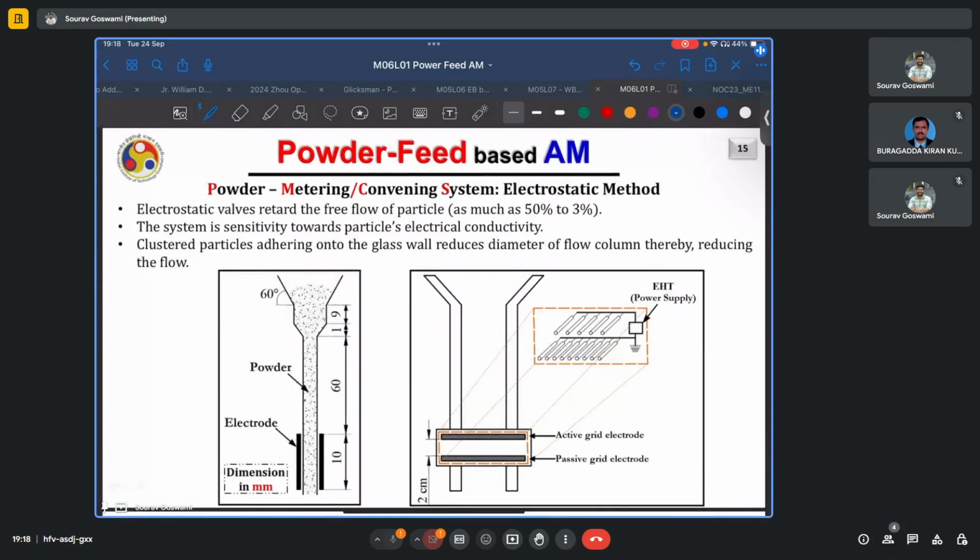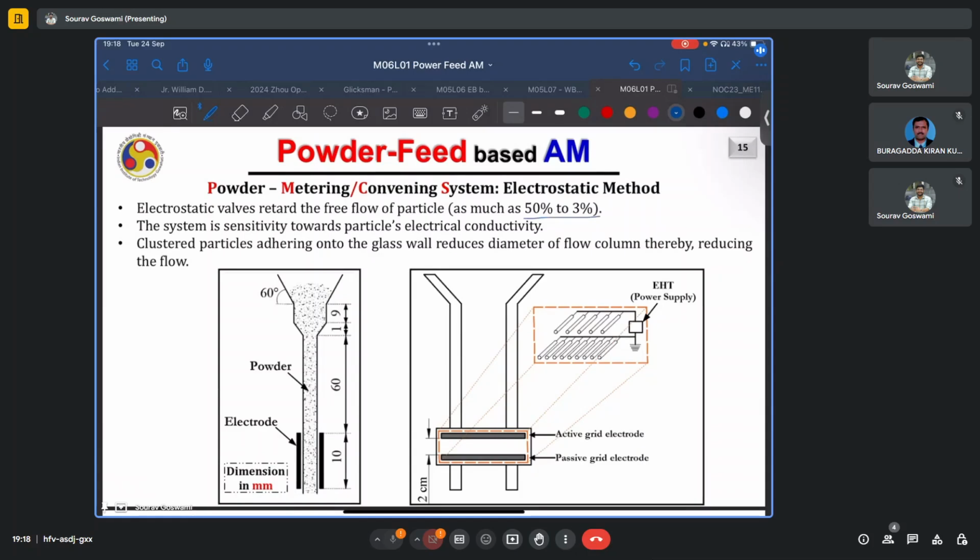Electrostatic methods may also be implemented because typically we are working with metallic powders. They will be electrically conductive, and electrostatic valves, if used in such systems, may be used to retard the free flow of particles from 50% to 3%. And the system is sensitive towards particles' electrical conductivity.